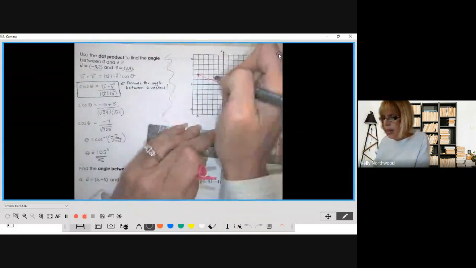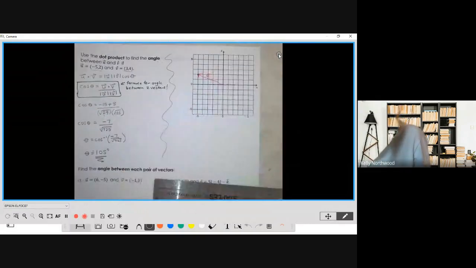So, oops, there's a little bobble there. So that's vector u. And then vector v starts at 0, 0 and ends at 3, 4.